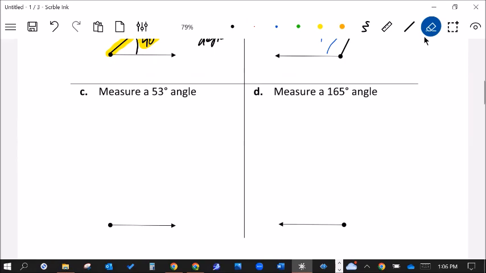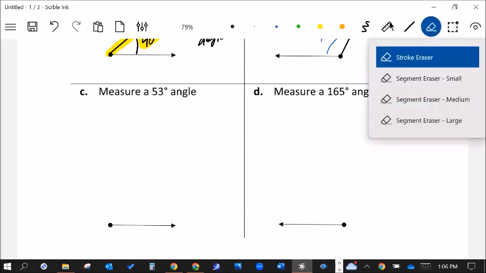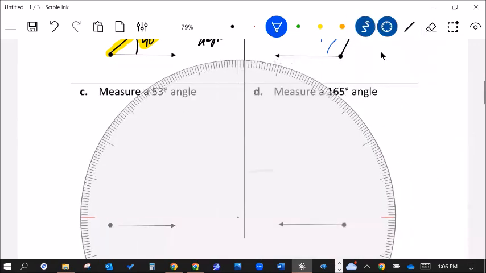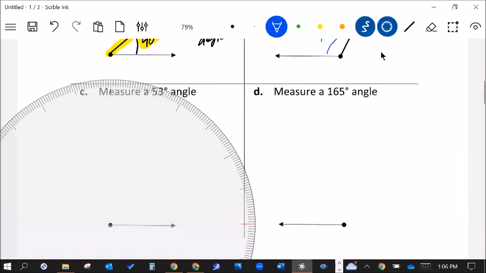Okay, welcome back. So I'm going to use these two. So I need to change this one. Protractor. Set this one up, and I'm going to go to 53 degrees. I can't get it to go to 54.